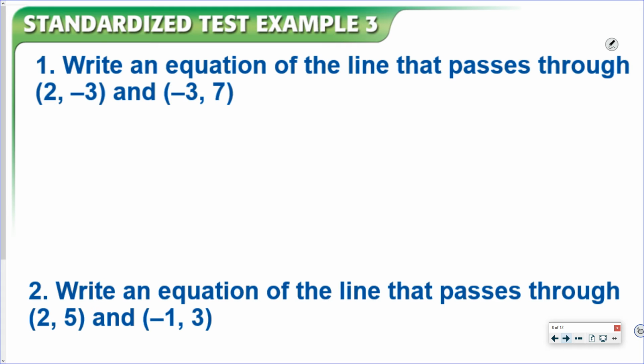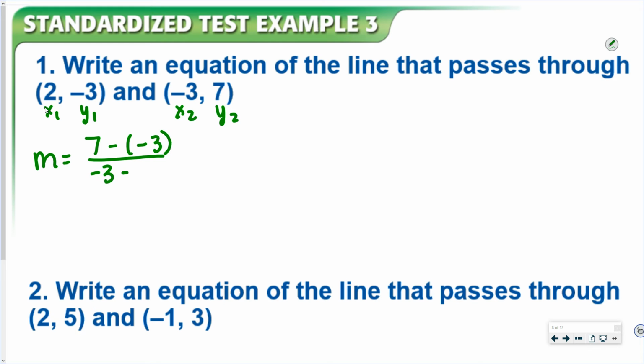Good job. Let's calculate the slope. It only takes 2 points to calculate the slope. You said that beautifully, Cindy. She said, let's use the slope formula, using x1, y1, x2, y2. This is what you practice on your homework. So y2, 7, minus y1, -3, all over x2, -3, minus x1, 2.